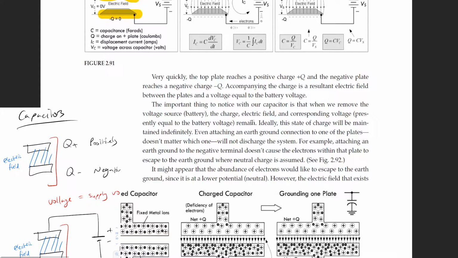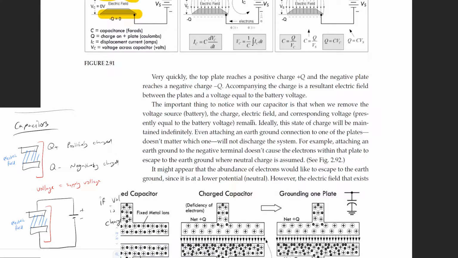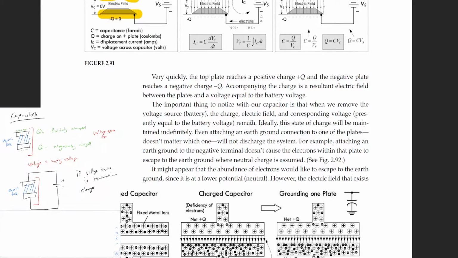So if the voltage source is removed, then charge remains. I like to use colors. There's your charge, positive and negative.